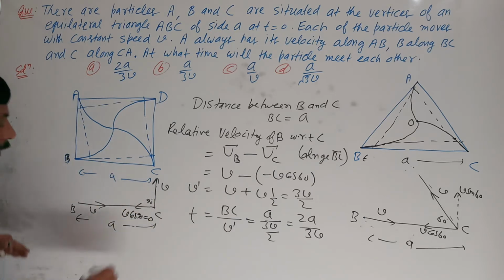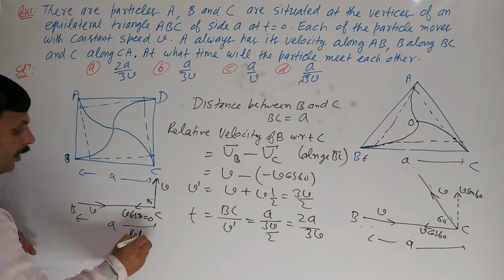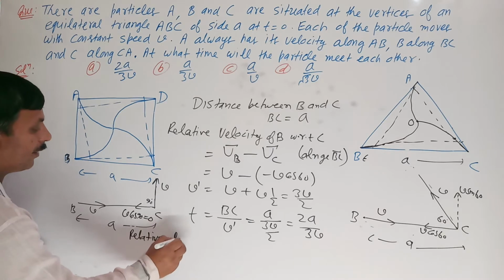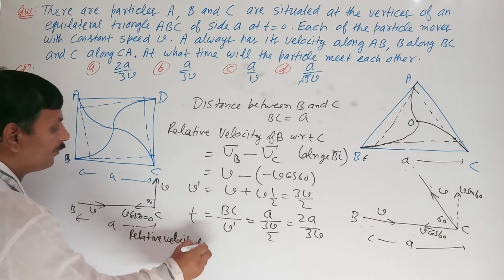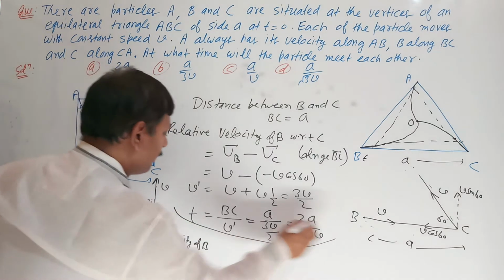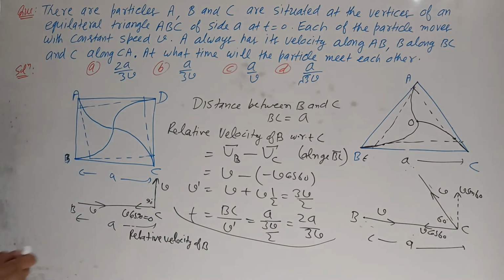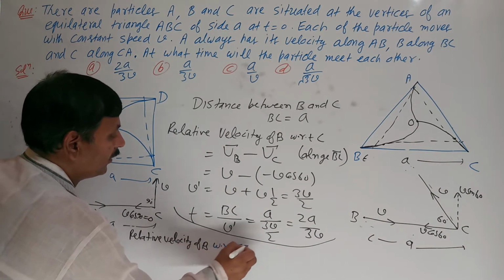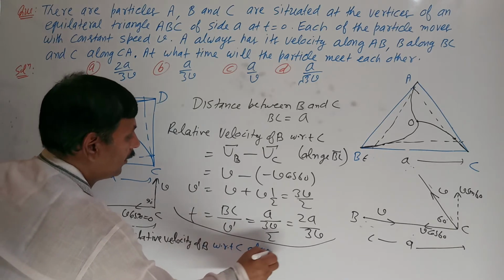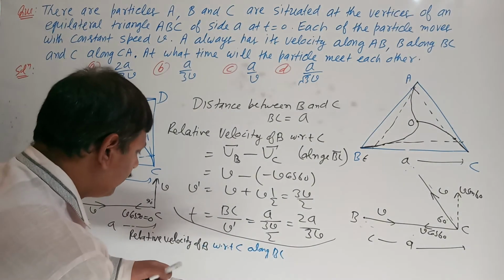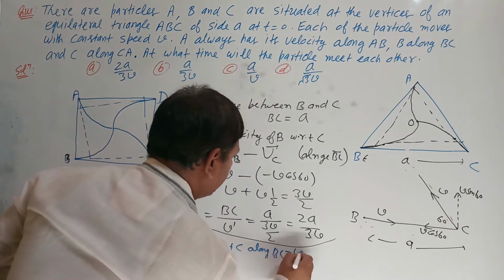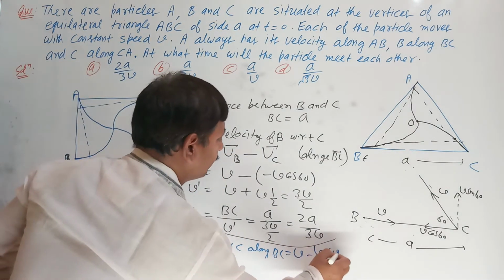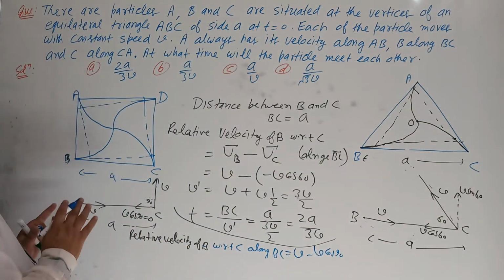What will be the relative velocity of B compared to C, with respect to C, along BC? That will be V minus V cos 90. So V cos 90 along BC is 0.